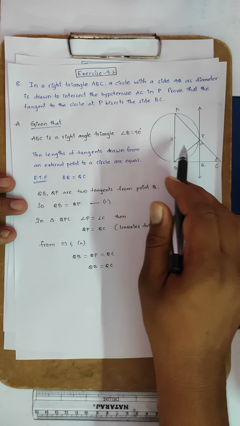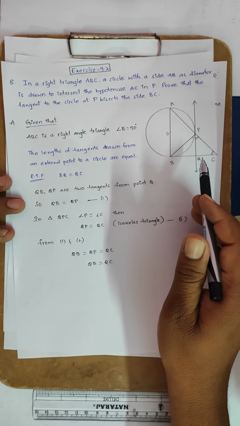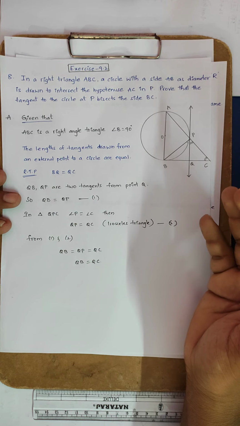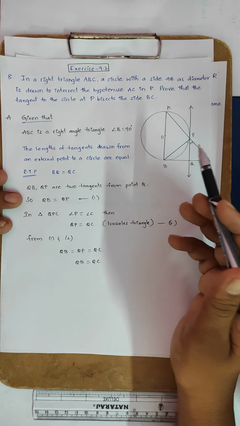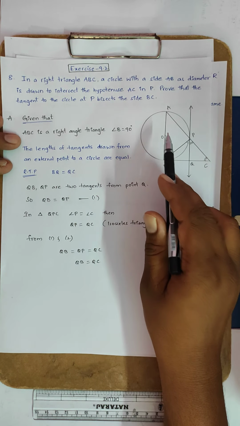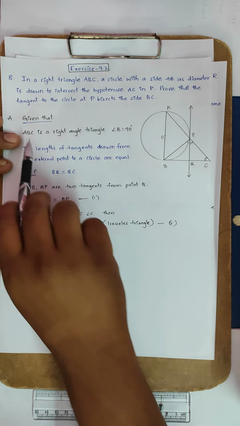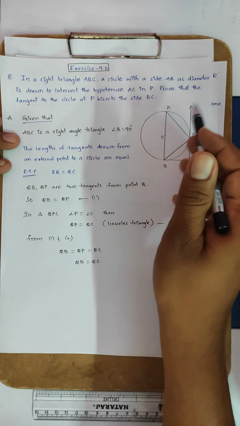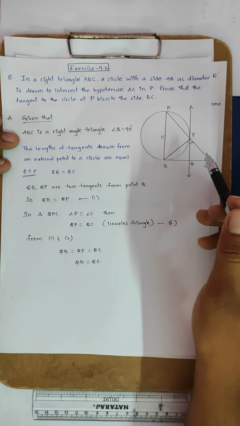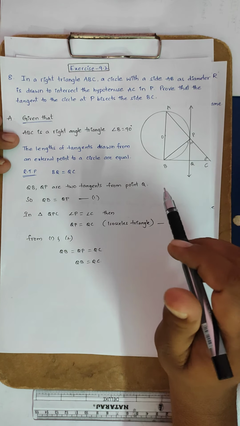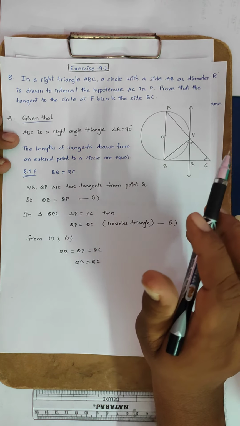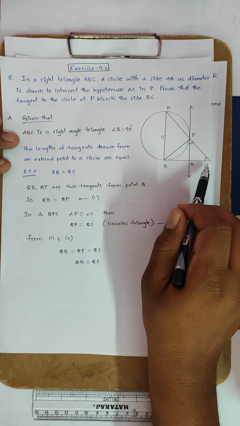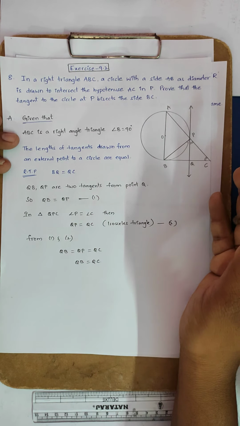This diagram is given in the question itself. Using this diagram we can conclude some conditions. Among them, ABC is a right angle triangle, given in the question. Angle B is 90 degrees, also given in the question. We know the theorem on tangents and secants to a circle: the lengths of tangents drawn from an external point to a circle are equal.